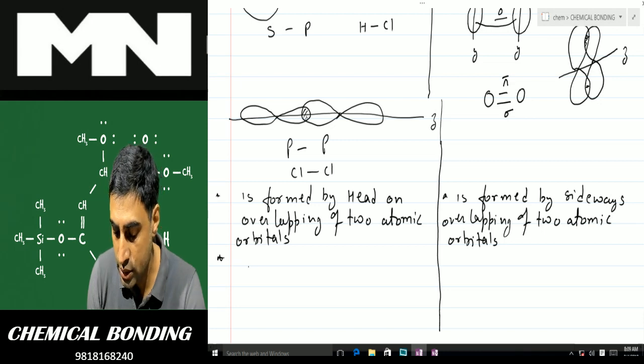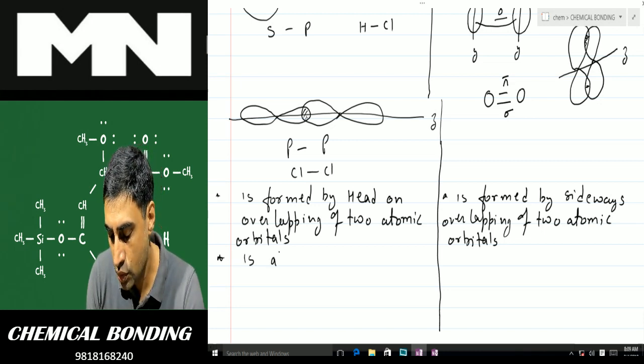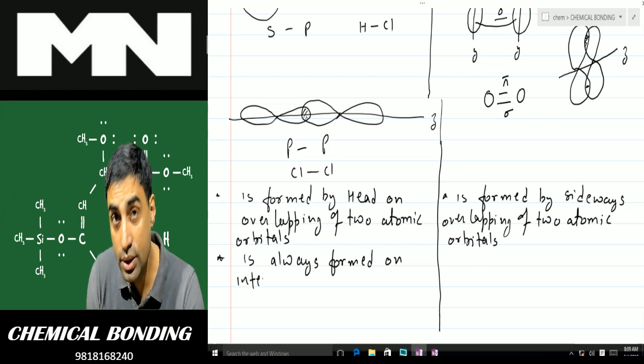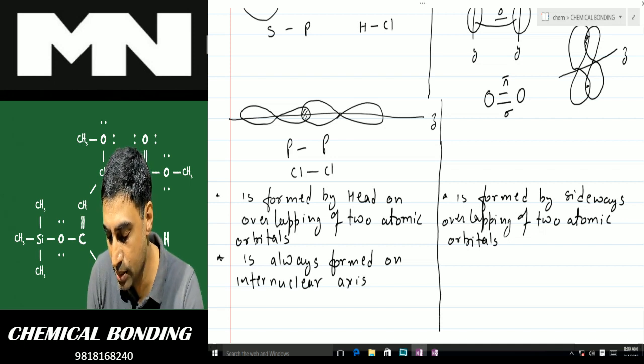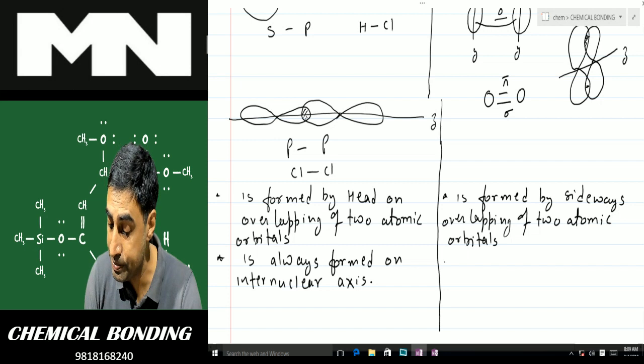Sigma bond is always formed on the internuclear axis, that is the z-axis, which combines the nucleus of the two combining atoms.